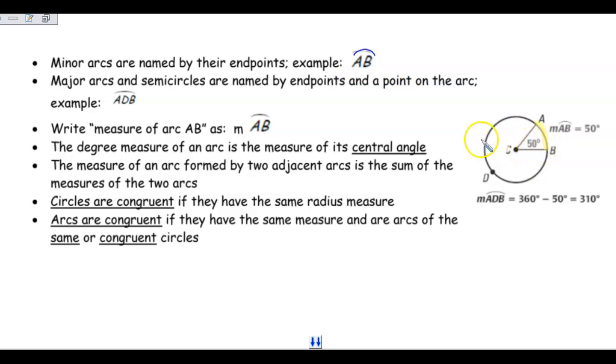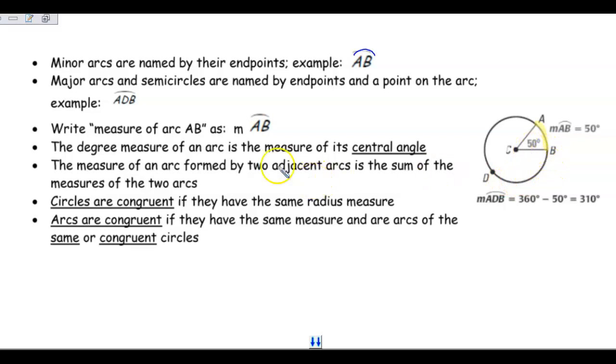Major arcs and semicircles are usually named by endpoints and another point on the arc. In this case, they have this point D here, so they're talking about A goes through D and ends at B, so it's arc ADB.